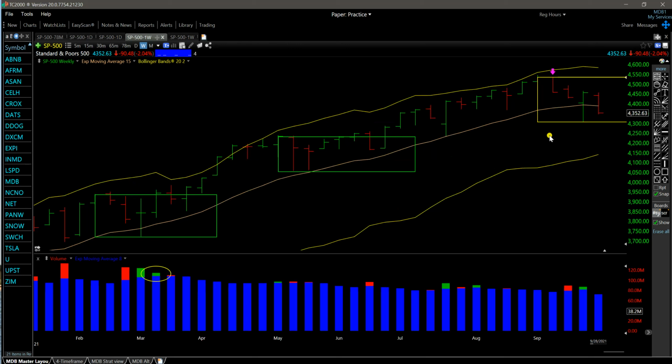So in what's been going on the last few weeks, we had some downtrend. The S&P 500 ran about 12 weeks, 1, 2, 3, 4, 5, 6, 7, 8, 9, 10, 11, 12.